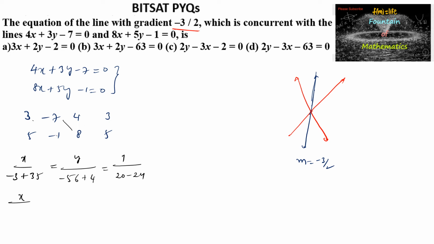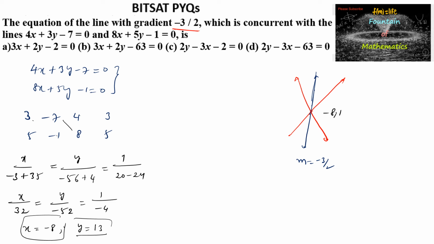So we can get x upon 32 is equal to y upon minus 52 is equal to 1 upon negative 4, or x is equal to 32 upon negative 4 is minus 8, and y is equal to negative 52 upon negative 4 is 13. So we got the point of intersection minus 8 comma 13, and having the slope is minus 3 by 2.